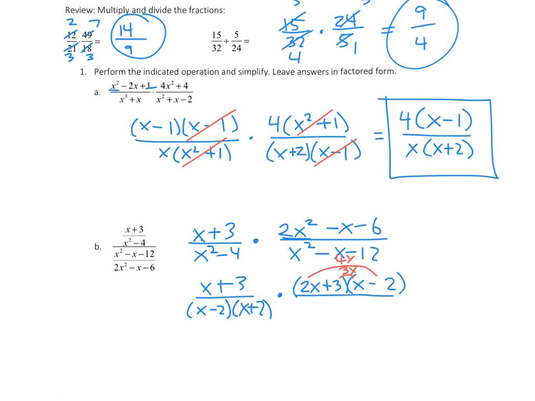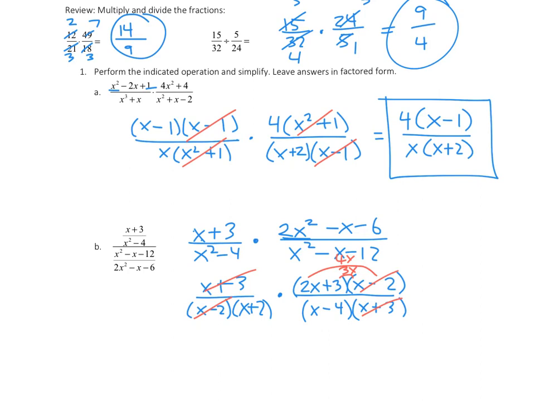And then on the bottom, I factor x, 2 factors of 12 that add up to -1 are going to be 4 and 3, and we're going to need -4 plus 3. And now I check to see what I can cancel, and my x plus 3's cancel, my x minus 2's cancel, and it looks like that's it.